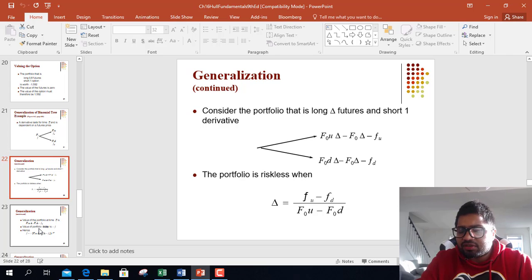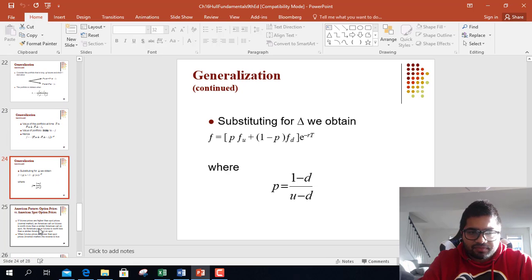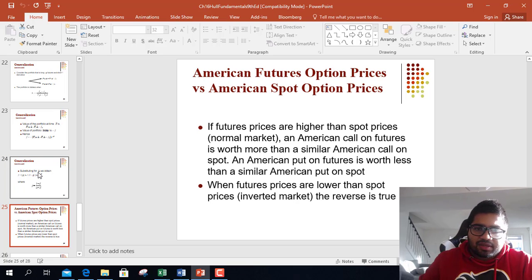We have done the binomial tree example, so go back to that and watch it again, but the process is exactly the same except the formula for p changes. So the formula for p is, instead of (a minus d) divided by (u minus d), it is (1 minus d) divided by (u minus d) now. This is the change that you have to do while calculating binomial trees.